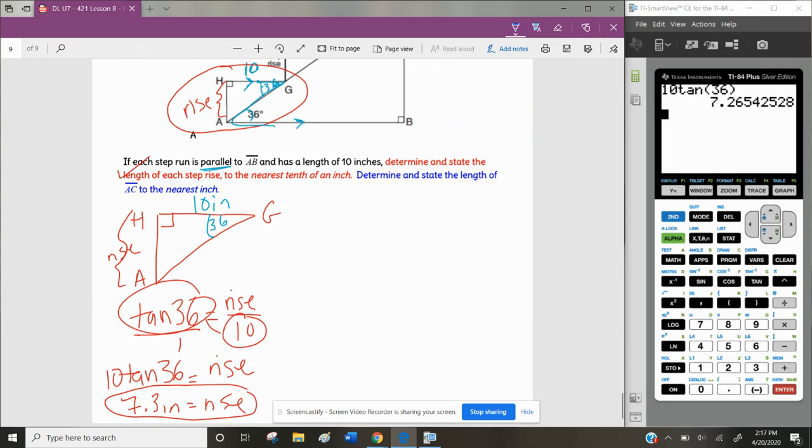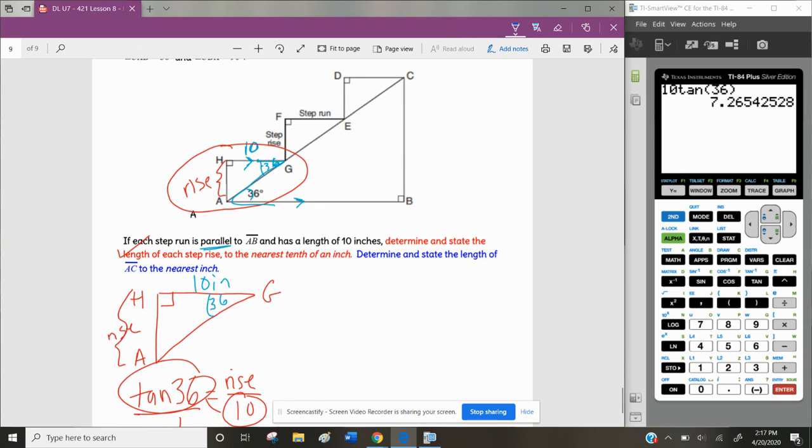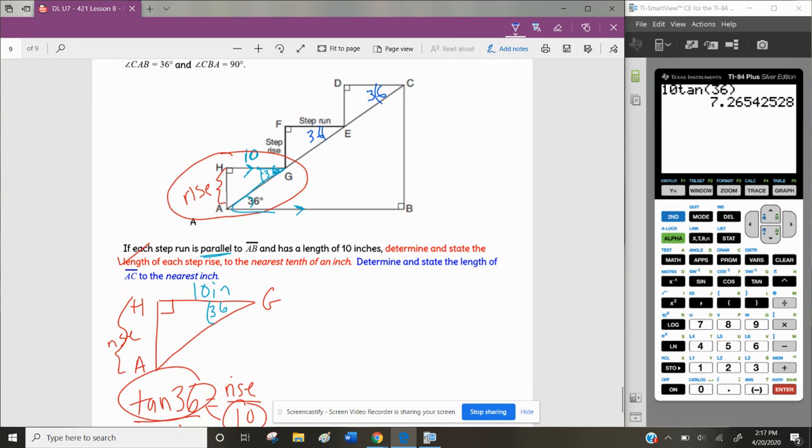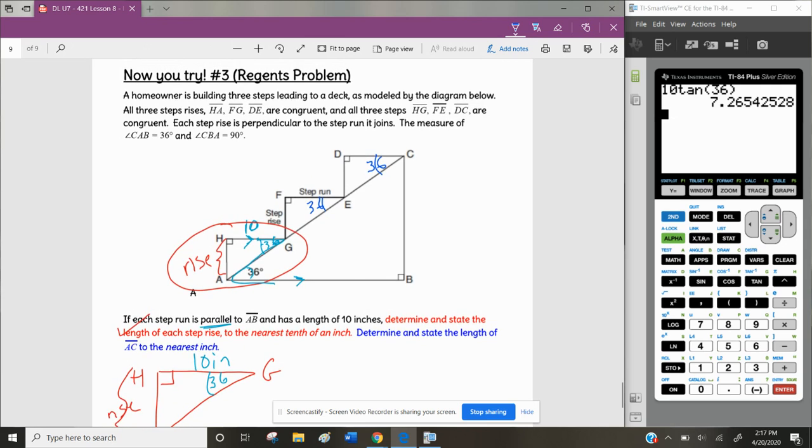Determine and state the length of AC. Okay, so again, all these steps are parallel to that bottom, so all of them have an angle measure of 36 here. These three steps are similar by angle, okay, and the three steps are congruent. They told you that. The three-step rises and the three steps are congruent.